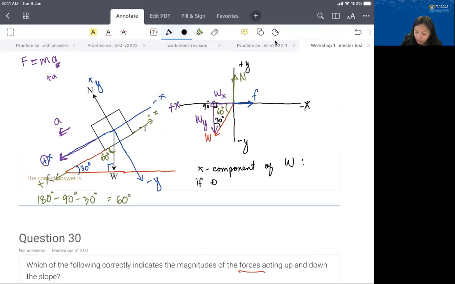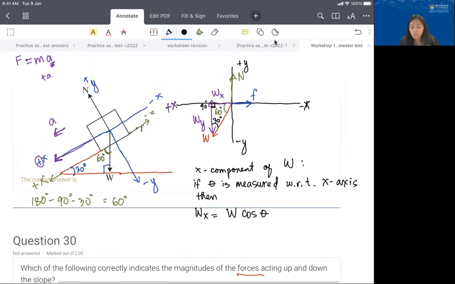So if theta is measured with respect to the x-axis, then Wx is equal to W cosine theta. So the x component is equal to the diagonal vector times cosine theta. You can only use cosine theta if your theta is measured with respect to the x-axis.